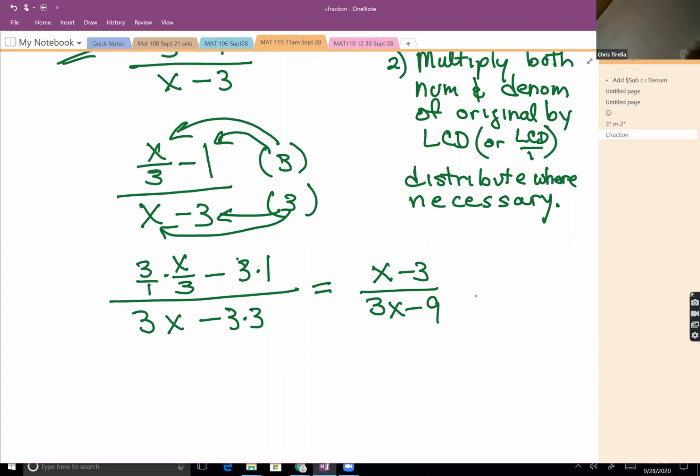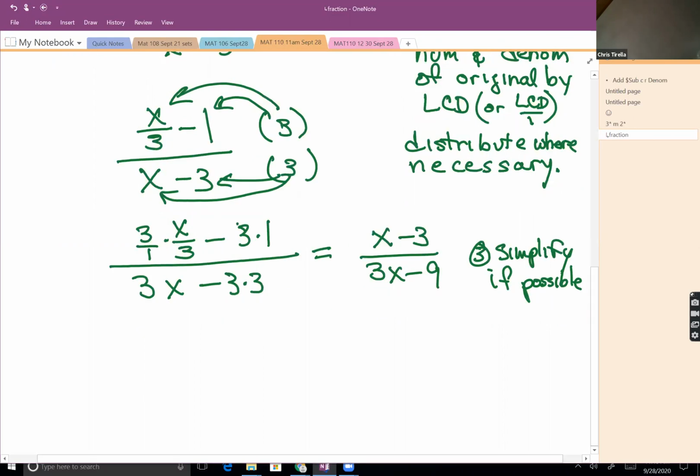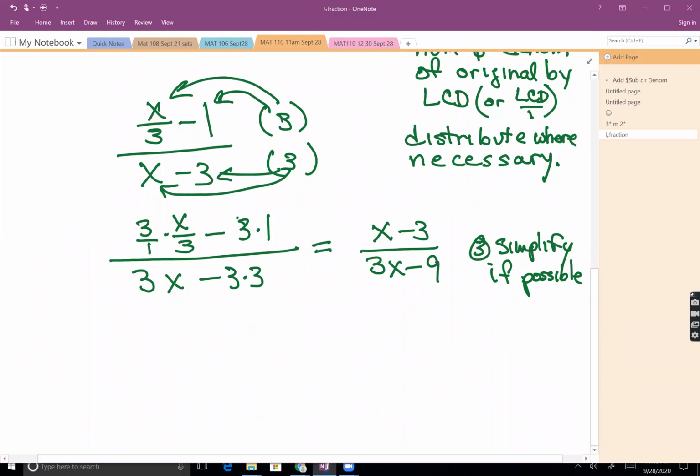And now we'll simplify if possible. Does this one simplify? I have a question.